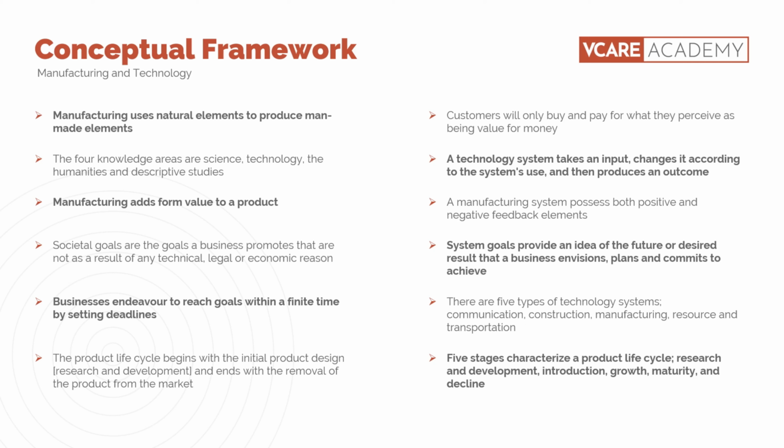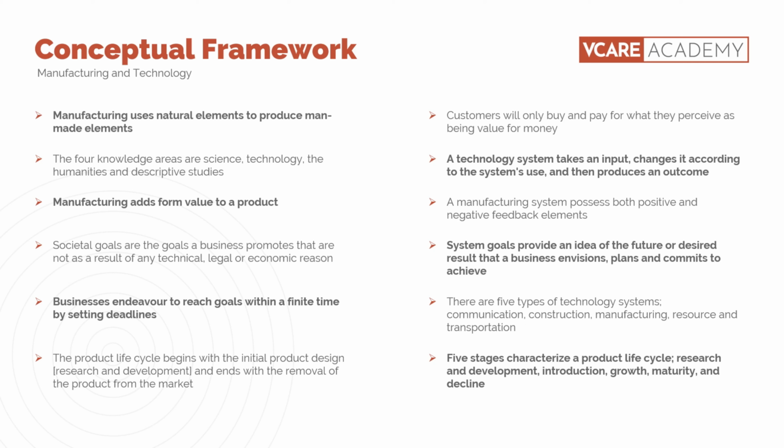Manufacturing adds form value to a product, and a manufacturing system possesses both positive and negative feedback elements. Societal goals are the goals a business promotes that are not the result of any technical, legal, or economic reason. System goals provide an idea of the future or desired result that a business envisions, plans, and commits to achieve.